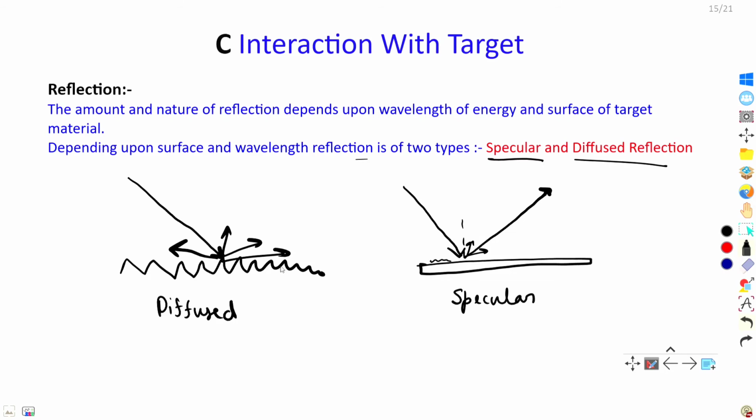deflection. And roughness of a surface is defined by Rayleigh's law, or we can say Rayleigh's expression.